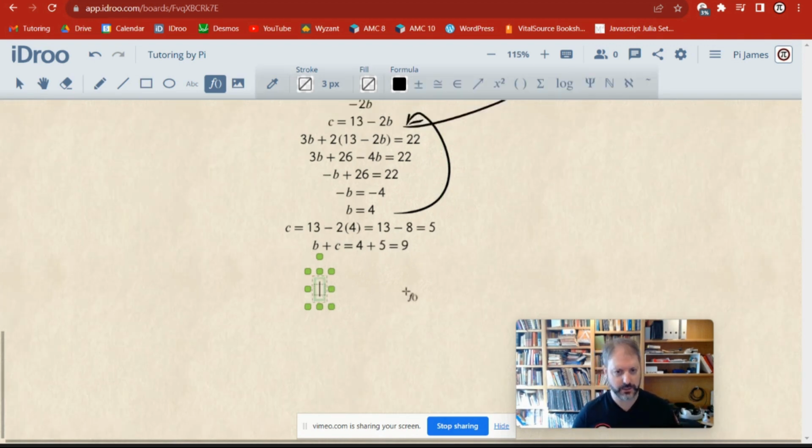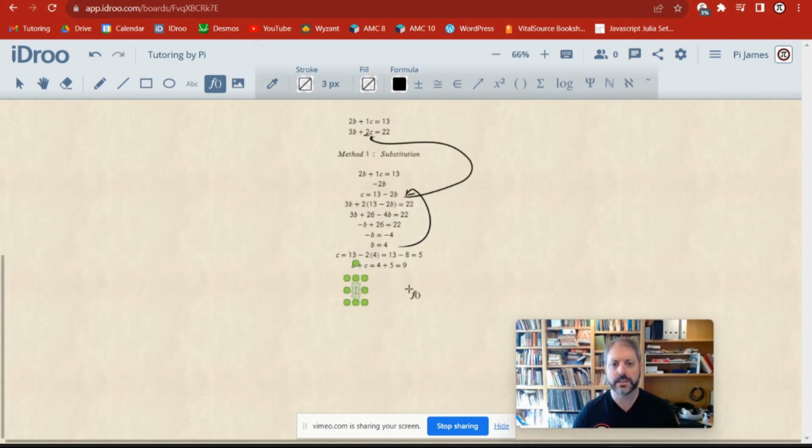Another way to do this is method 2. This one's called linear combinations or other names.